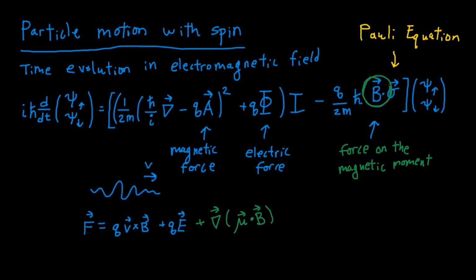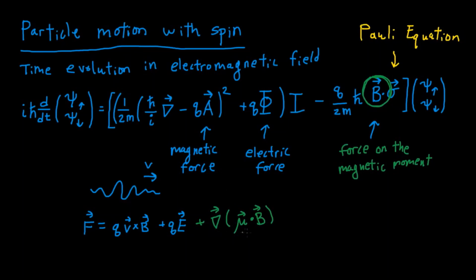In an earlier video, I discussed how when you have a magnetic field which is constant throughout all of space, there's going to be no net force on the particle. Now, there can be a torque on the particle, which makes the spin precess, but there's not going to be any net force on the particle. But if the magnetic field B varies in space, then there is actually going to be a net force on the particle.